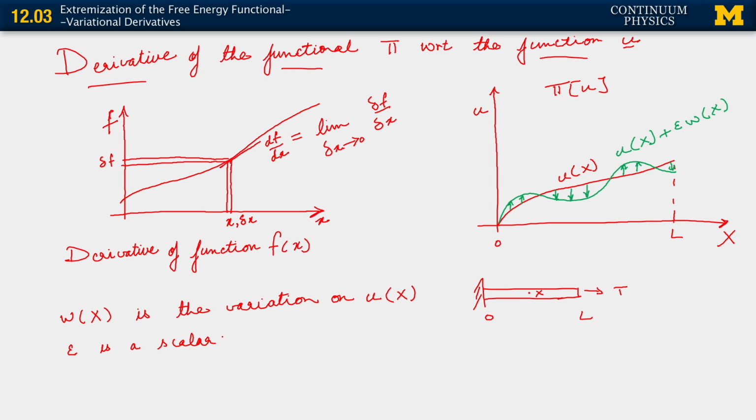We have decided that we want to carry out a variation of u using this new field that I've introduced, w. Epsilon lets us control how much I want to vary u. Just a multiplier. Do you want a lot of variation with w or just a small amount of it? The whole point is we want to be able to control the amount of variation separately of the variation function itself.